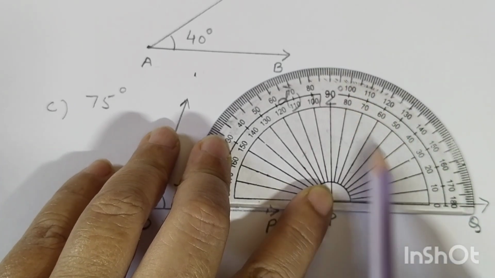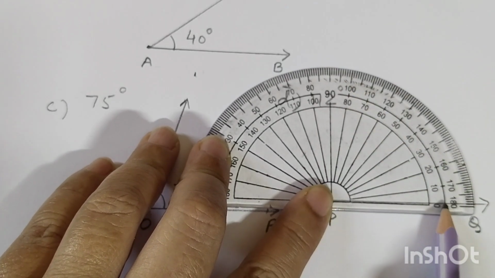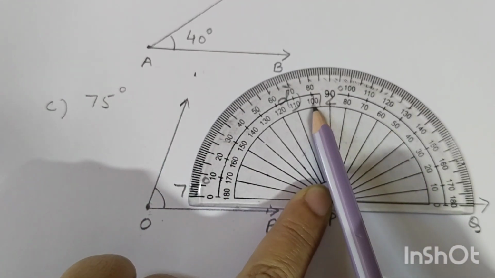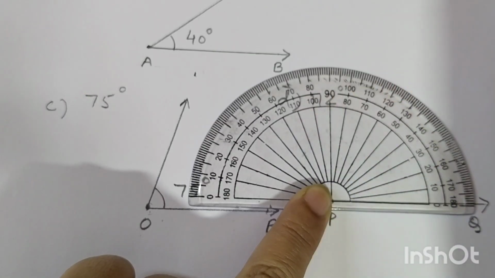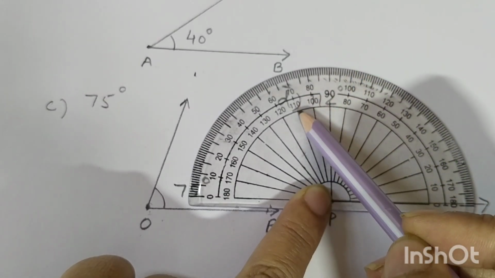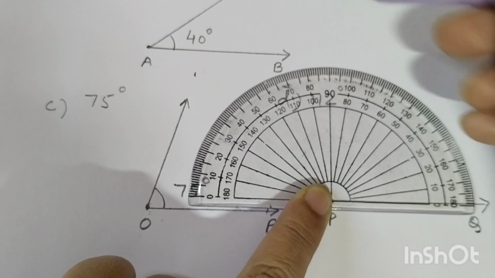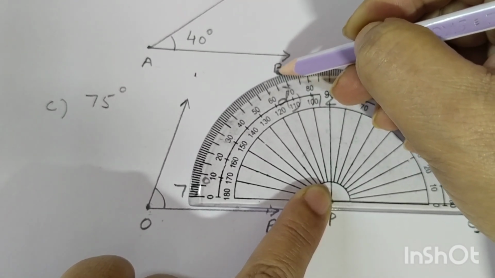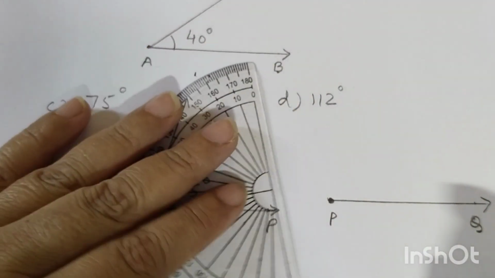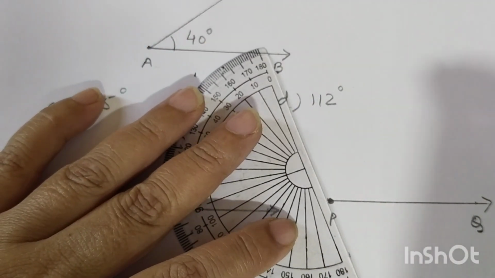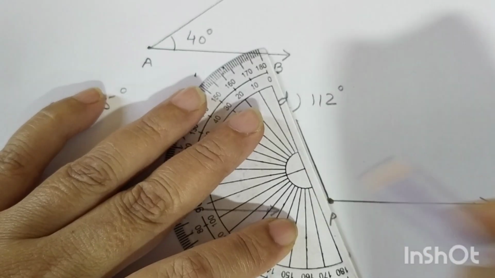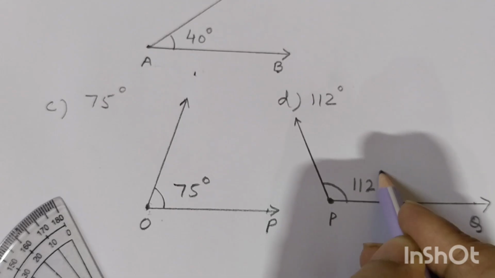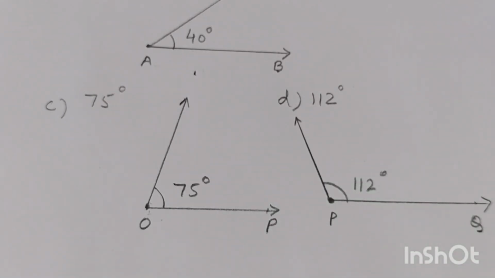This is 100. Then 101. This is 110. Then 111, 112. After 110, take 2 more lines. It is 112. Mark the point at 112 and join these. This is your 112 degree angle. Got it?